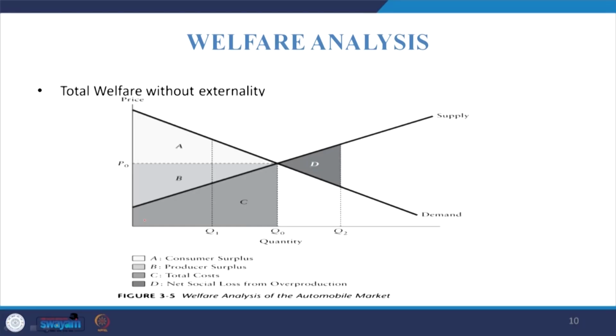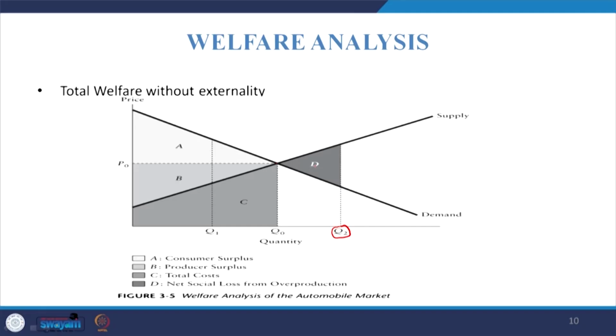But if the company increases the output above the equilibrium level of output, that is OQ, and produces OQ2, then what will happen? There is a gap. You can see the gap between supply and demand, and this gap is the D part. So, D part is the net social loss due to the overproduction of the product.